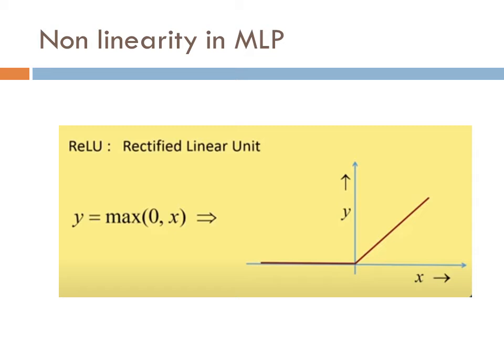That's the purpose of using the sigmoidal or the ReLU as the nonlinear function in case of multilayer perceptron. Also, unlike linear mapping, where the linear mapping is represented as y equal to some constant c times x, mappings like y equal to max 0 comma x come under the nonlinear mapping.